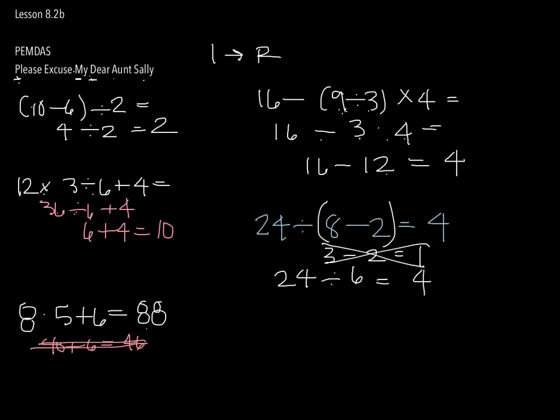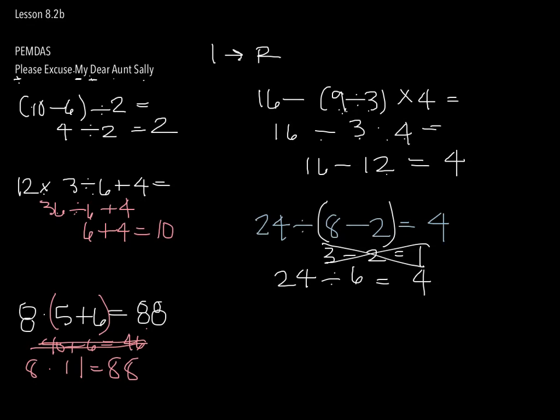So we have to add parentheses, because it's going to do the problem differently. Now we can't add parentheses right here because that's where we'd start anyway. So let's add parentheses here, and let's do the 5 plus 6. 5 plus 6 is 11. Multiply that by 8, we're going to get 88.